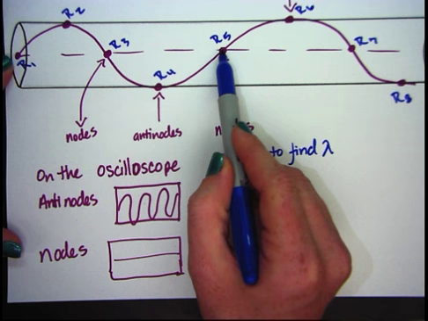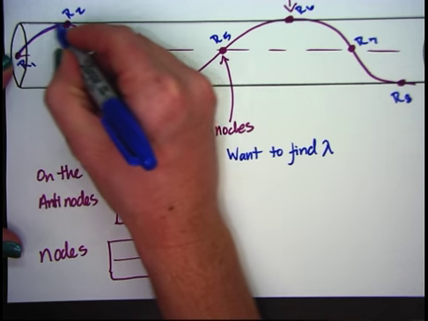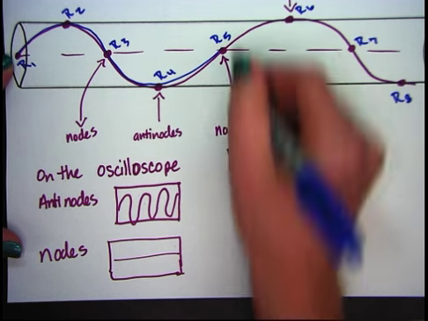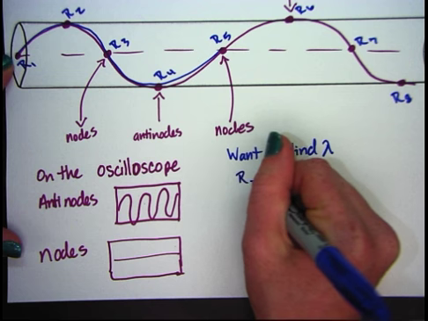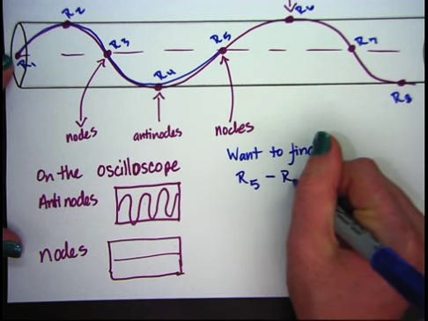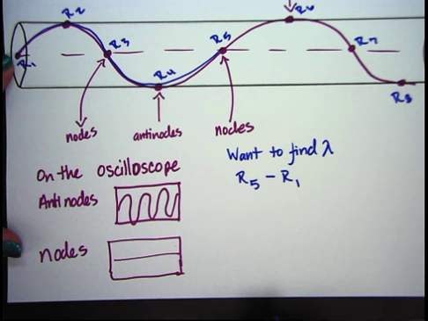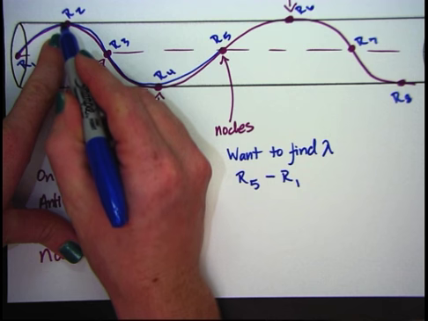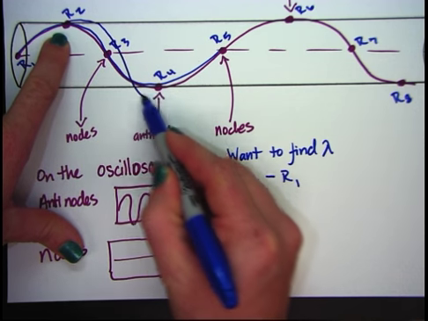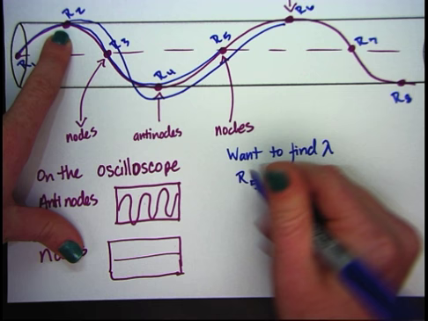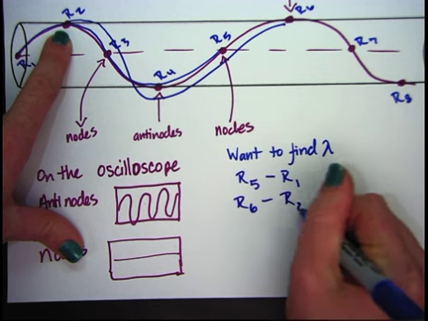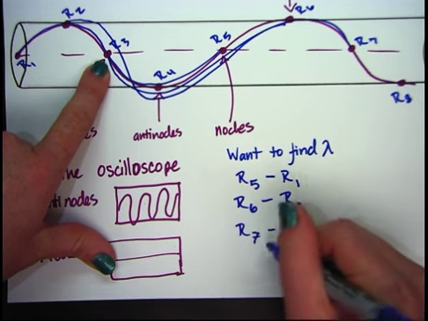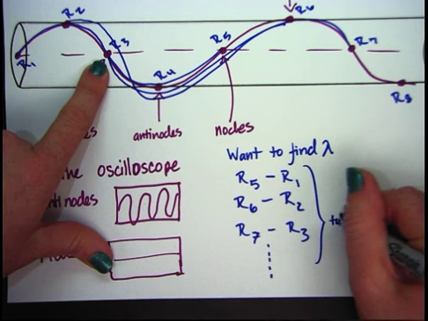And so you're going to go for your first wavelength, and that will be from R1 to R5. Okay? And so to find a single wavelength, you're going to subtract R1 from R5. And then you're going to continue on with R2 and R6, and so on. And then you'll take an average after you've gone the full length of your tube, finding your wavelengths.